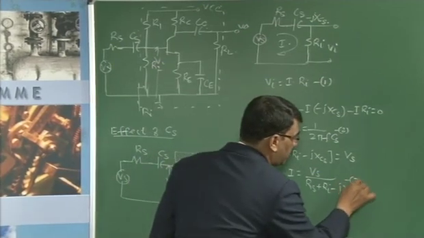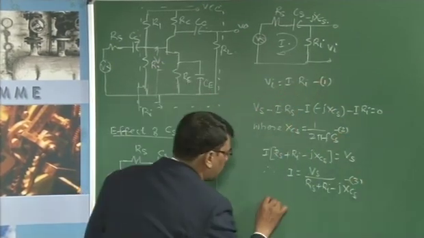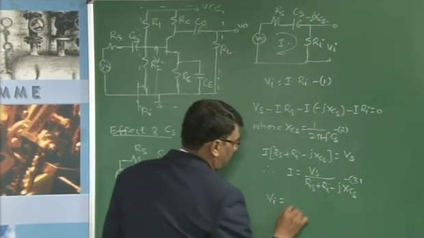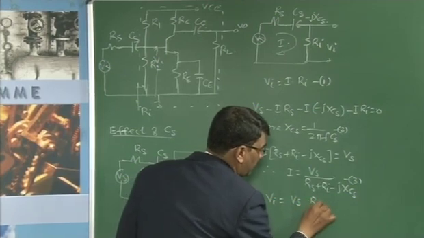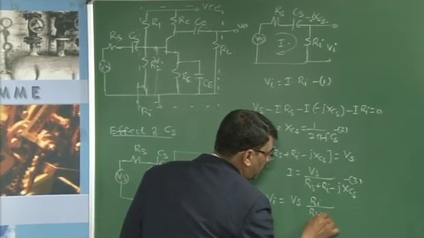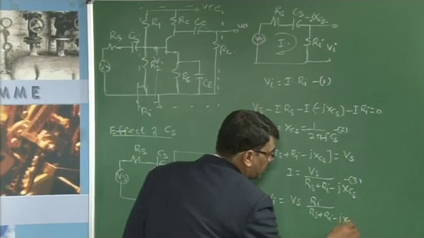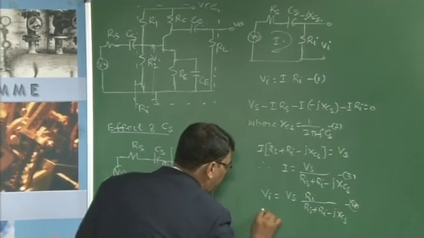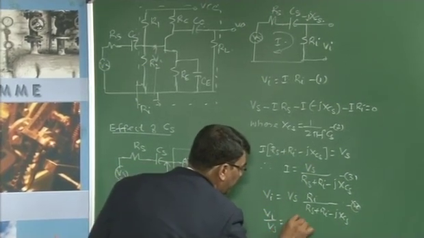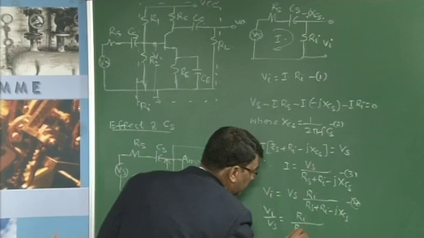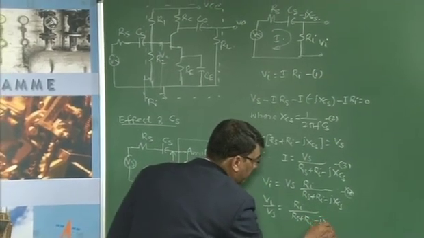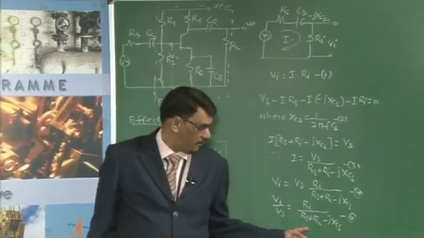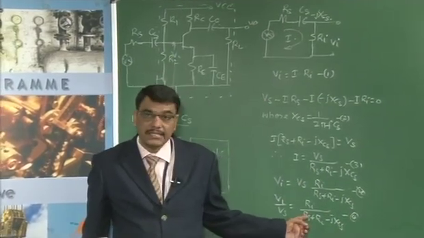Substituting equation 3 into 1, we get Vi equal to Vs into Ri divided by Rs plus Ri minus jXCS. The ratio Vi by Vs is given by Ri by Rs plus Ri minus jXCS. If you observe equation 4, it is complex in nature.